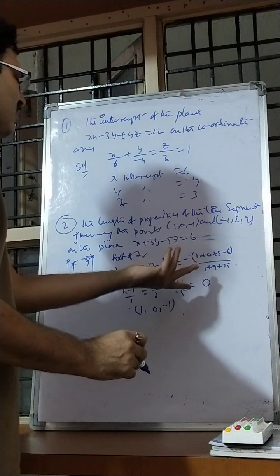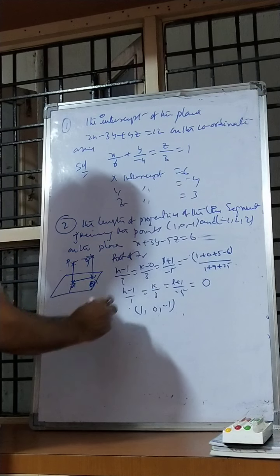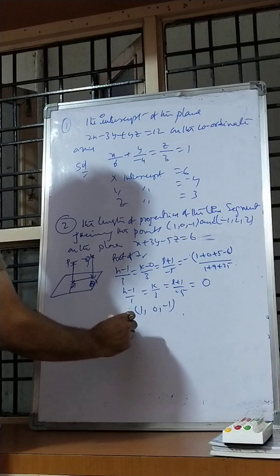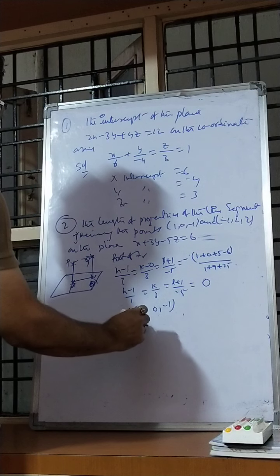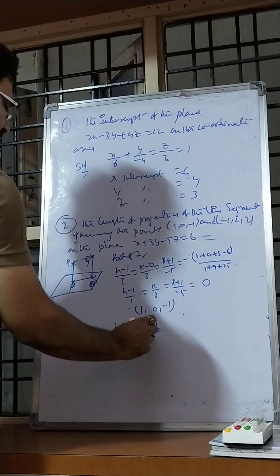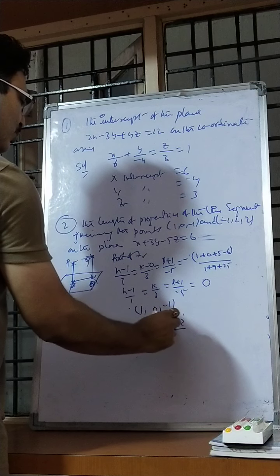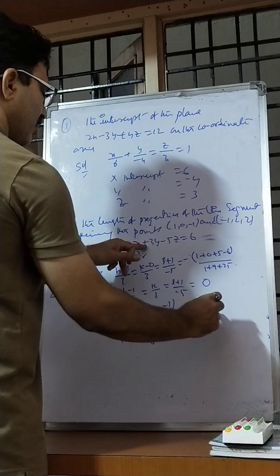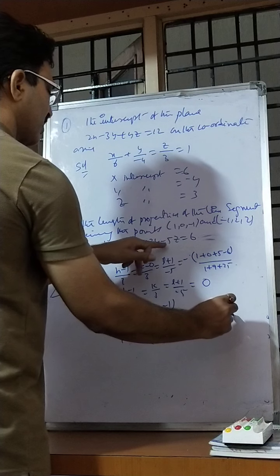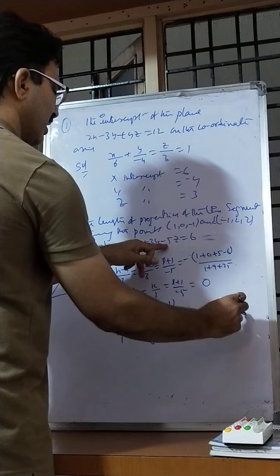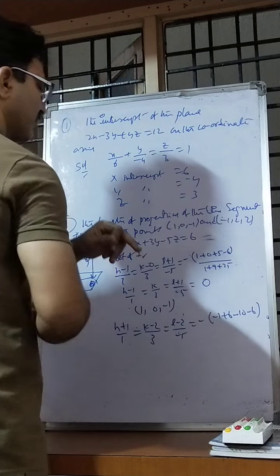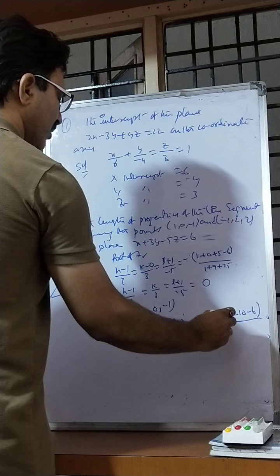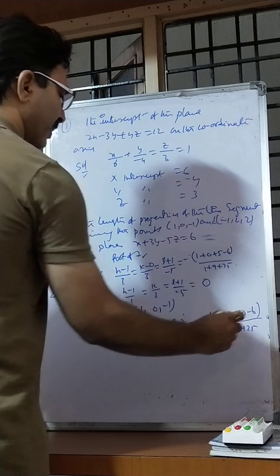Now for the other point, we will get like this. The foot of perpendicular of this one: (h plus 1) by 1 equals (k minus 2) by 3 equals (L minus 2) by minus 5, equal to minus of (minus 1 plus 6 minus 10 minus 6) divided by 1 plus 9 plus 25.